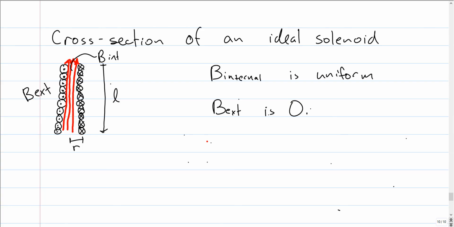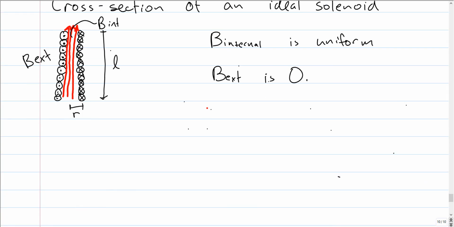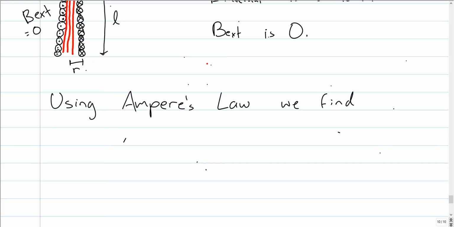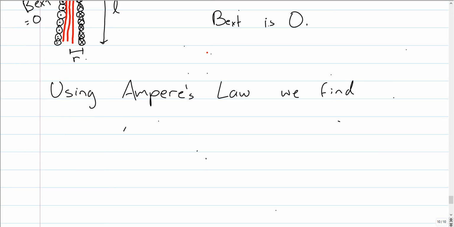And again, the length here is much, much greater than the radius, and so we're going to end up with essentially B external 0. And we can actually use Ampere's law. We're not going to derive it ourselves, but using Ampere's law, we can see that we can quantify that internal magnetic field in the following way.